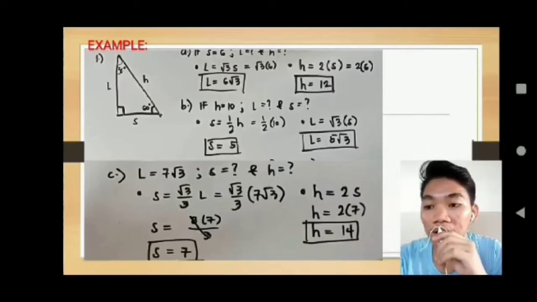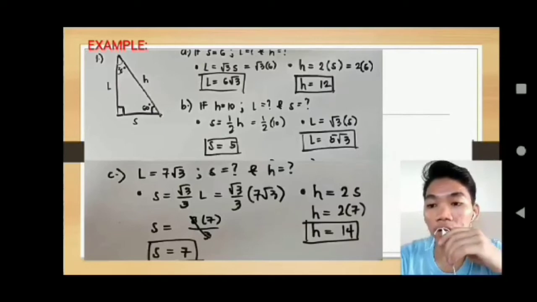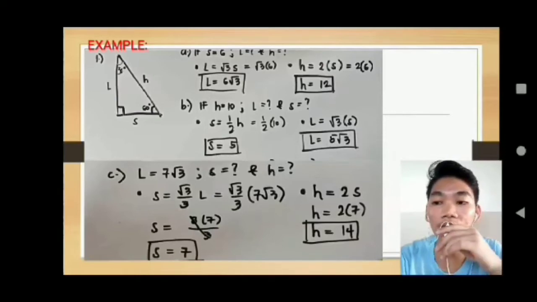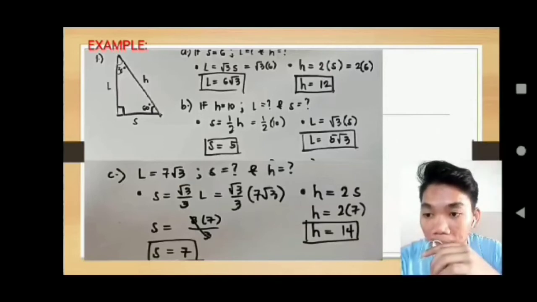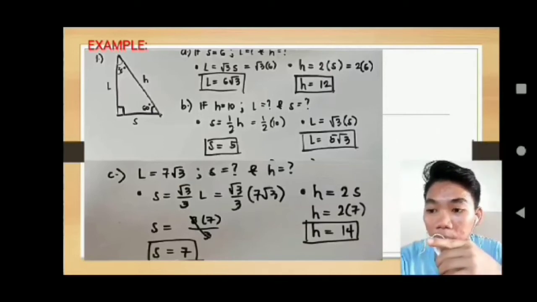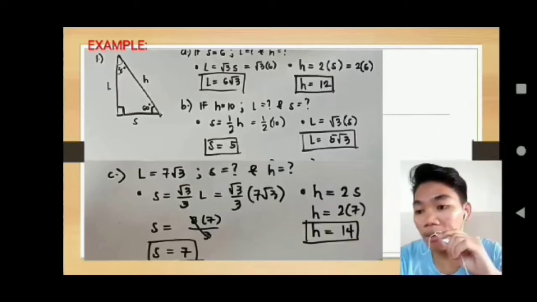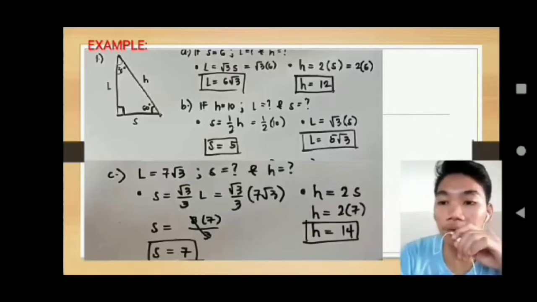Yung shorter leg natin is 6, so 6 square root of 3 yung sagot natin. Hindi na tayo gagamit ng calculator, guys. Then, proceed na tayo sa hypotenuse. Makikita nyo dito sa gilid, h is equal to 2 times the shorter leg. Yung shorter leg natin is 6, ito times 2 lang natin siya. Kaya magiging 12 lang yung sagot. Di ba?